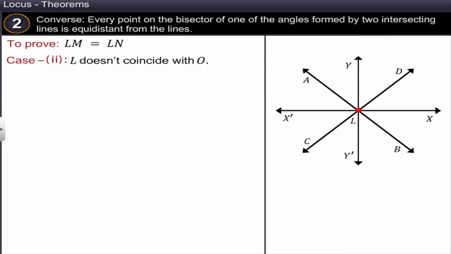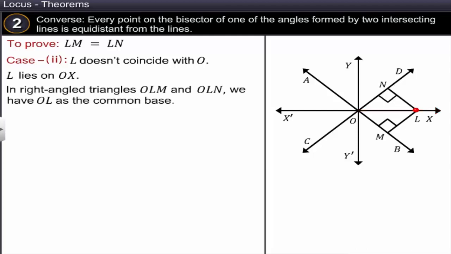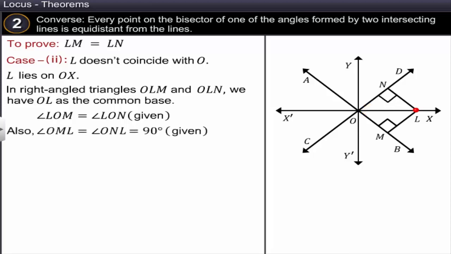Then L lies on OX. In right-angled triangles OLM and OLN, we have OL as the common base. We are given that angle LOM is equal to angle LON. Also, angle OML is equal to angle ONL is equal to 90 degrees.